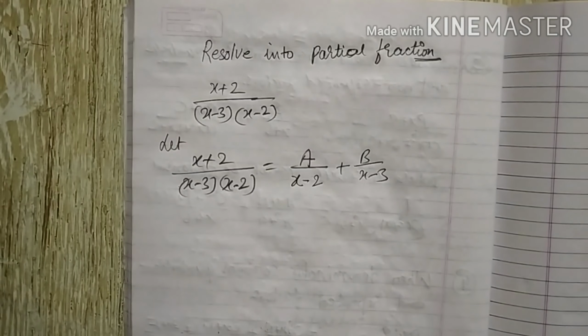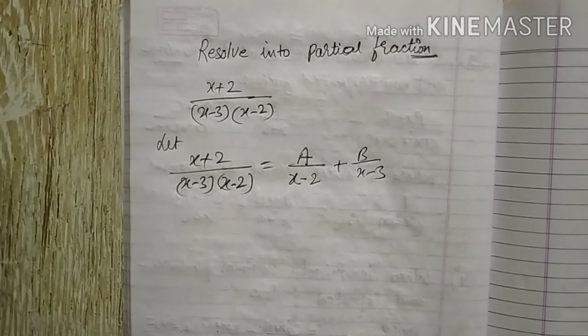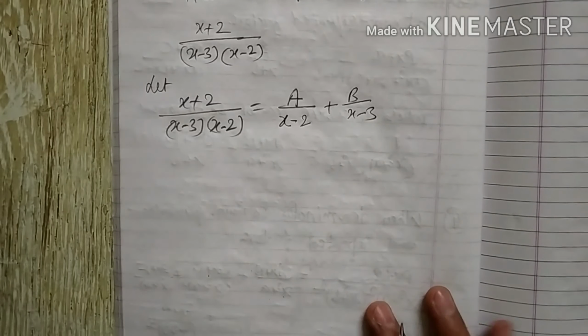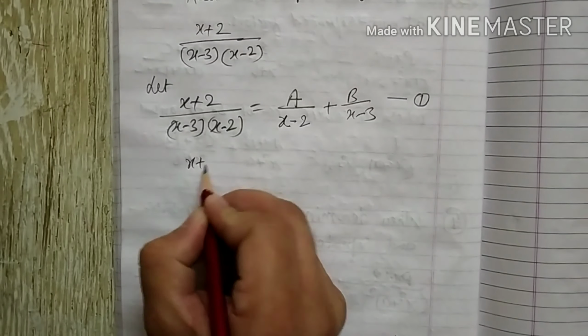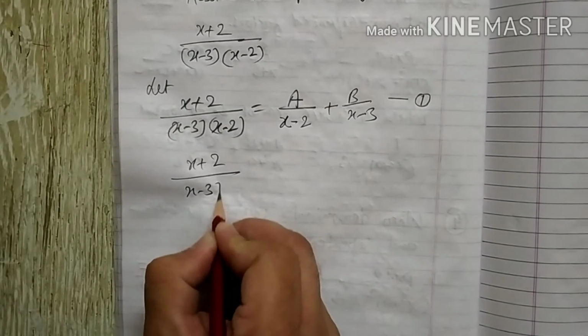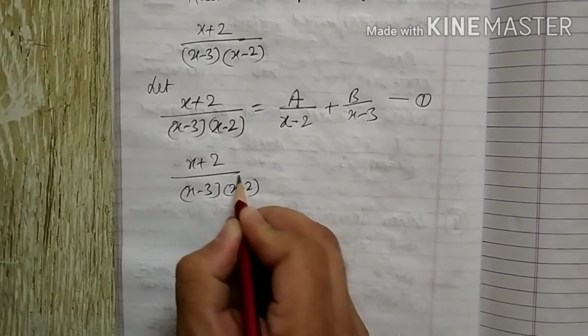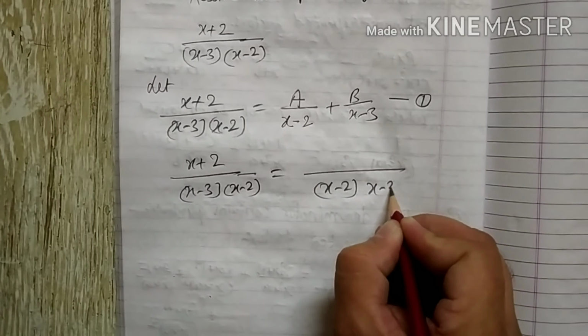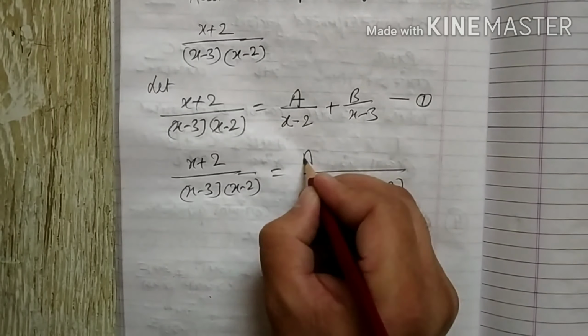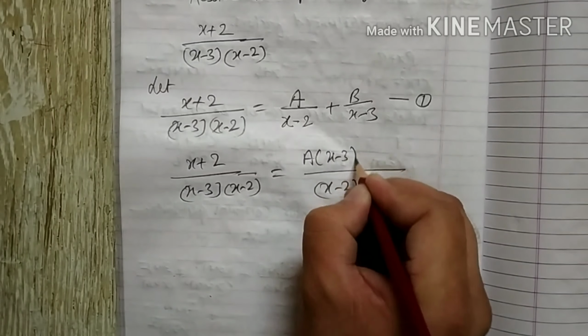First I will tell you the comparison method, then later we'll discuss the Vedic method. I take this as the first equation, and we have to take the LCM of the right hand side. I hope you know how to take the LCM.